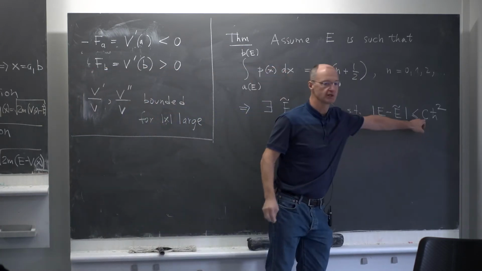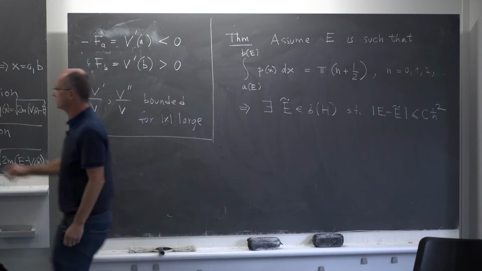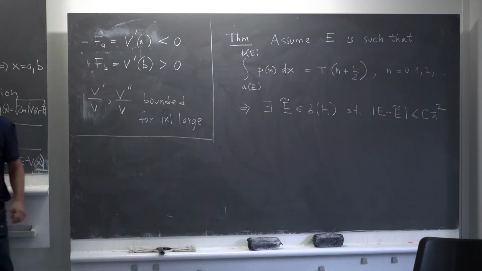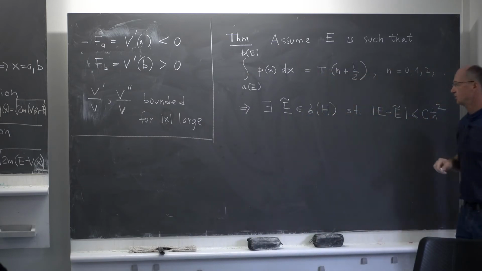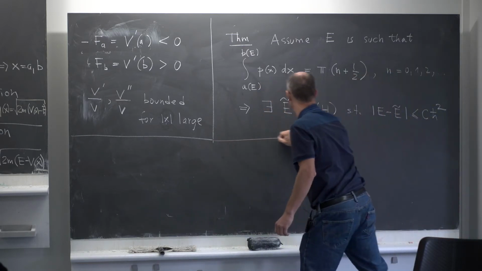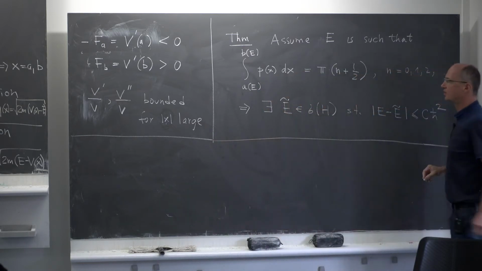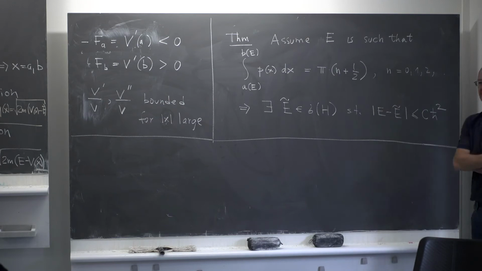The constant depends only on the window, so the constant is the same in the whole window, times h bar squared. So I think that was the context we formulated last time.